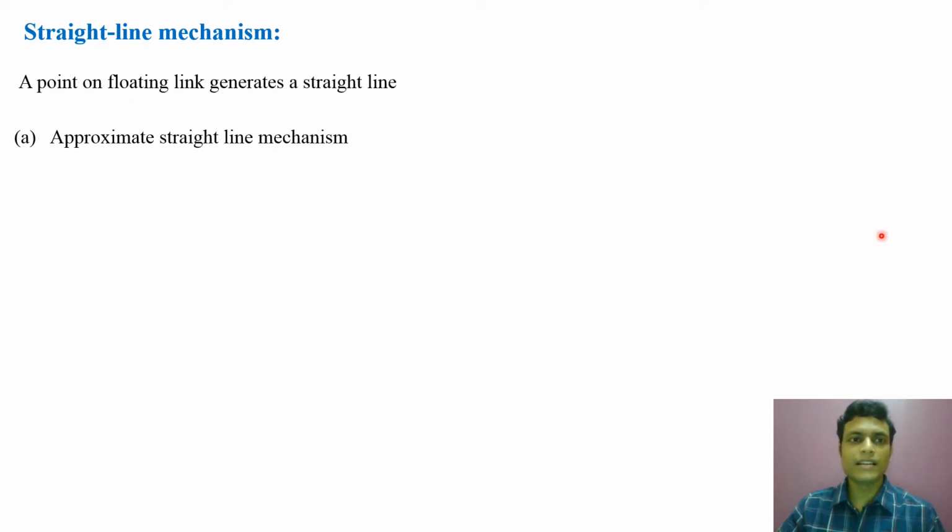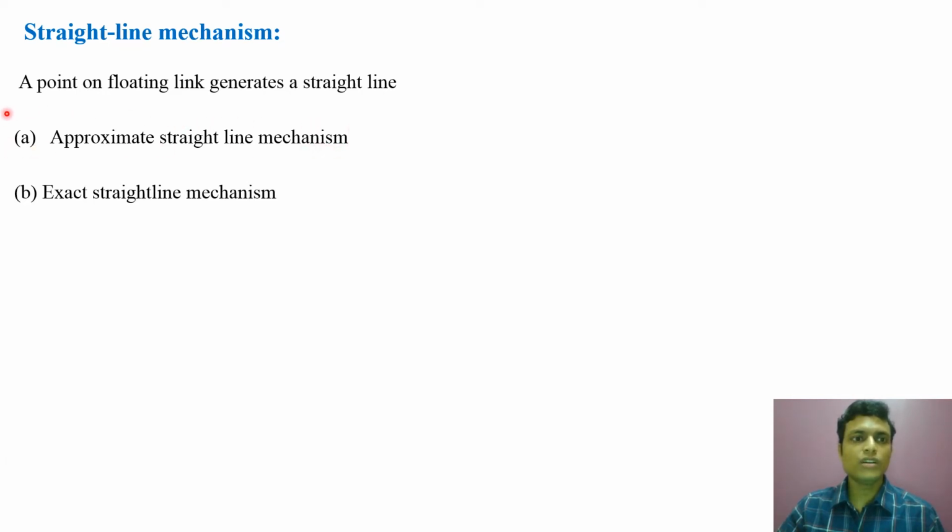Now straight line mechanisms can be divided into two groups. One is approximate straight line mechanism and the second is exact straight line mechanism. In an approximate straight line mechanism, the complete path of the point which generates the straight line is not a straight line.